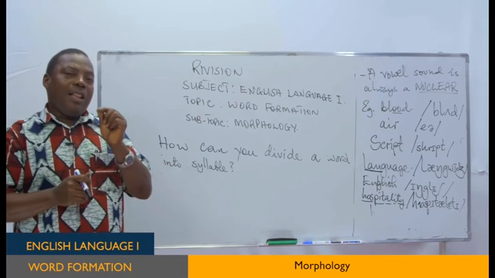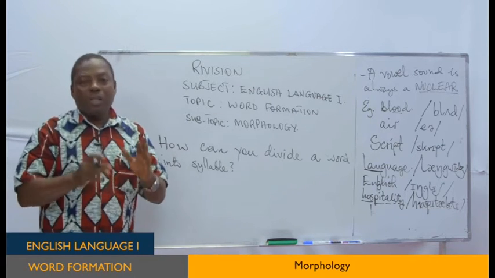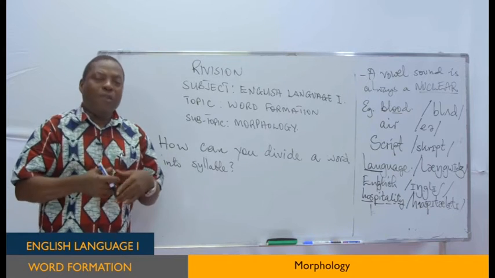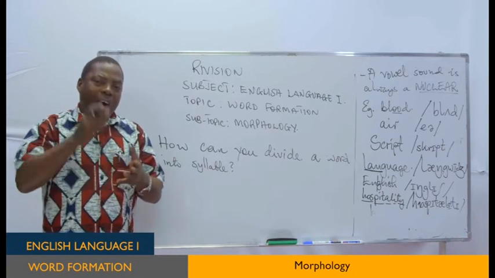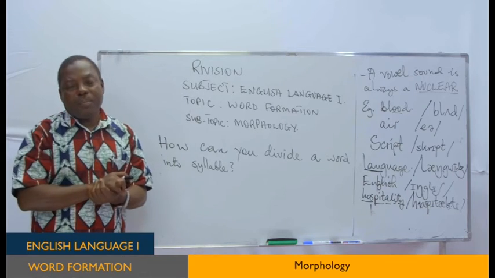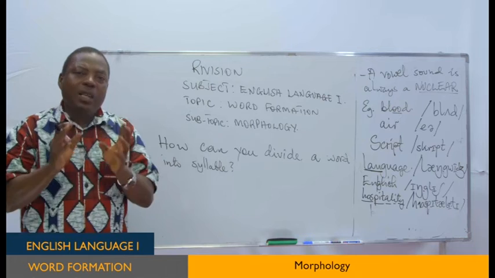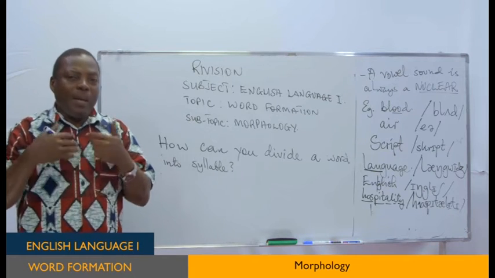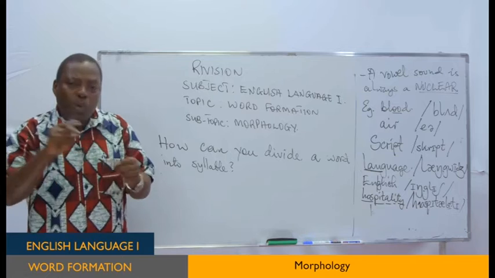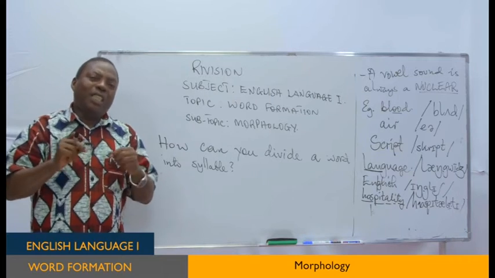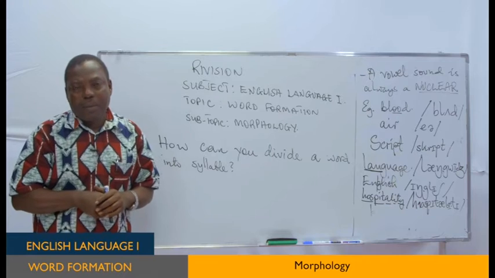In a word that has only one syllable, there's no problem because it is a monosyllabic word. But for words which have many syllables, how do you make this syllabic division? It is by being able to pronounce that word slowly. The places where you think you can put some short pauses as you pronounce the word, those are the areas where you have to make these syllabic divisions.